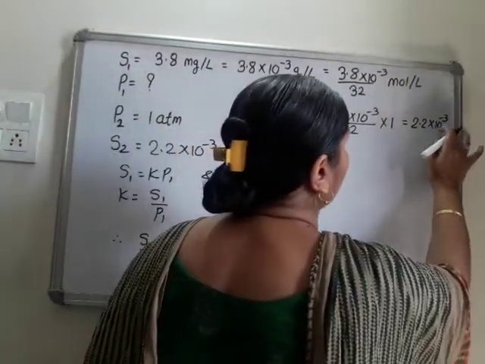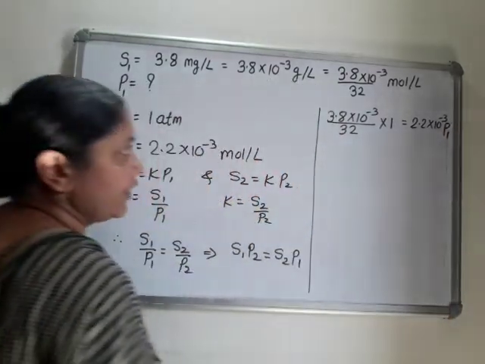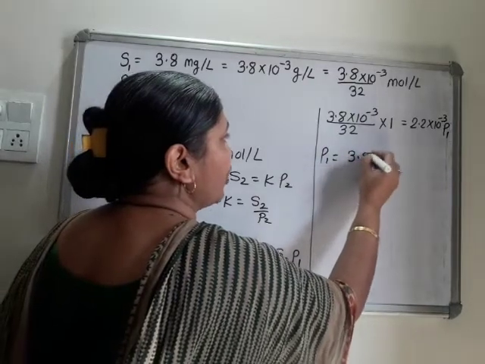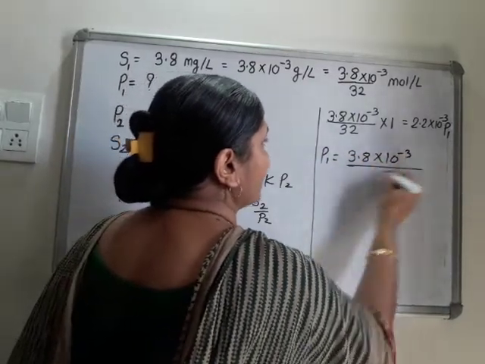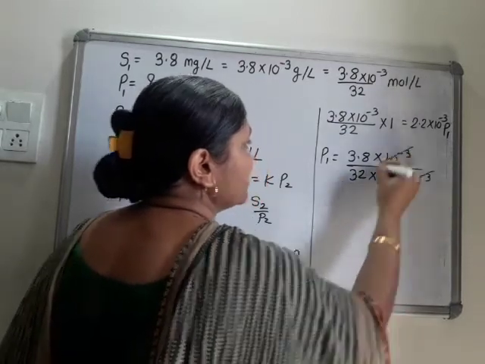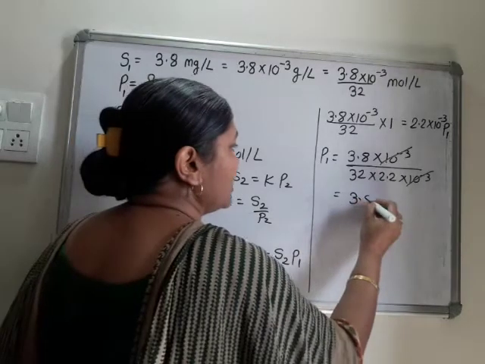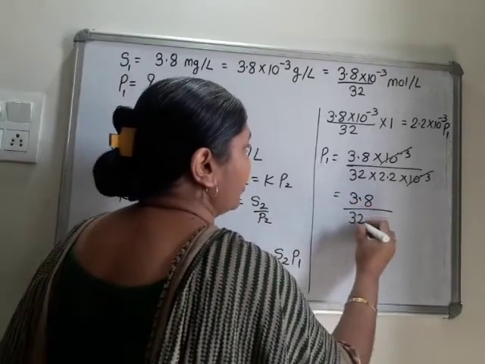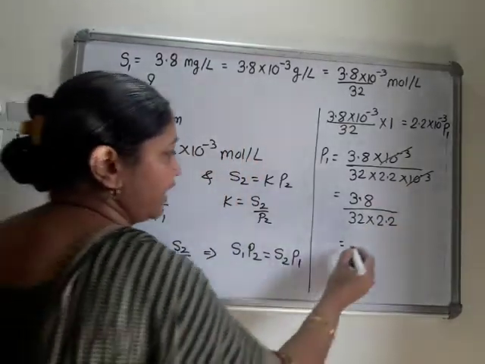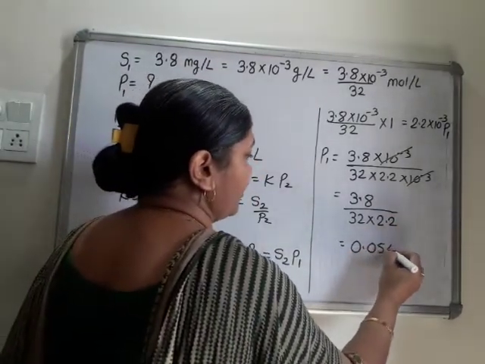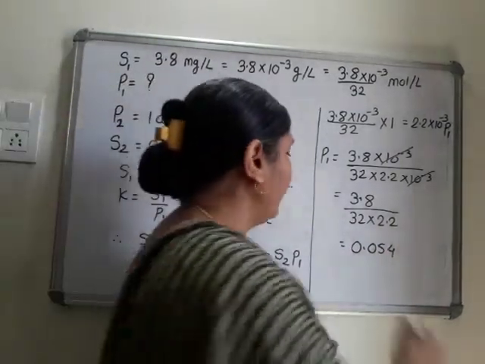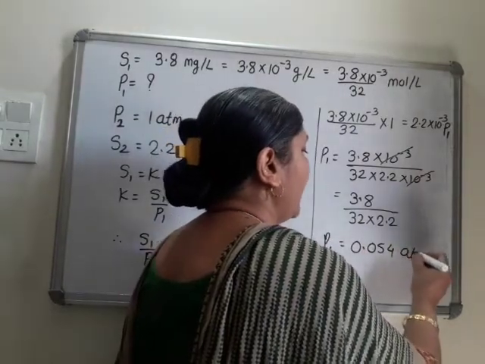So rewrite this in terms of P1. This equation becomes 3.8 into 10 raised to minus 3 upon 32 into 2.2 into 10 raised to minus 3. This gets cancelled. If you solve this, you will get the value of P1 and check how much is that value. It should be approximately 0.054539 something, and unit of this P1 is nothing but atmosphere.